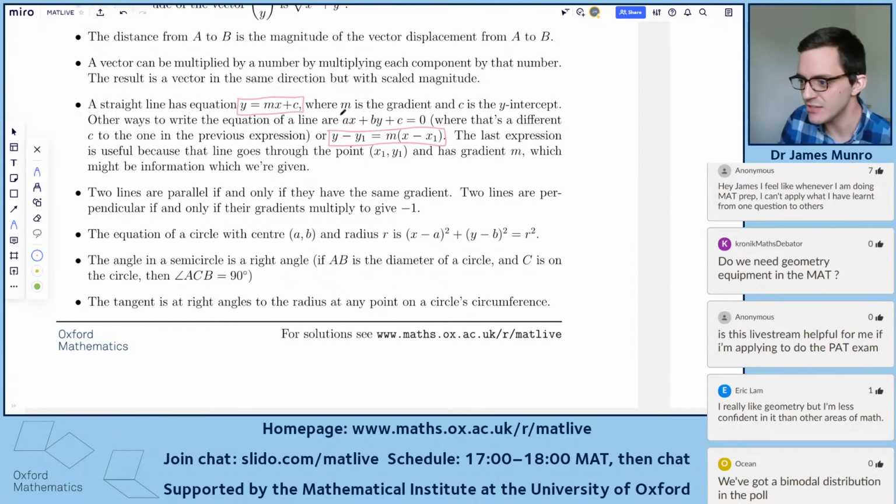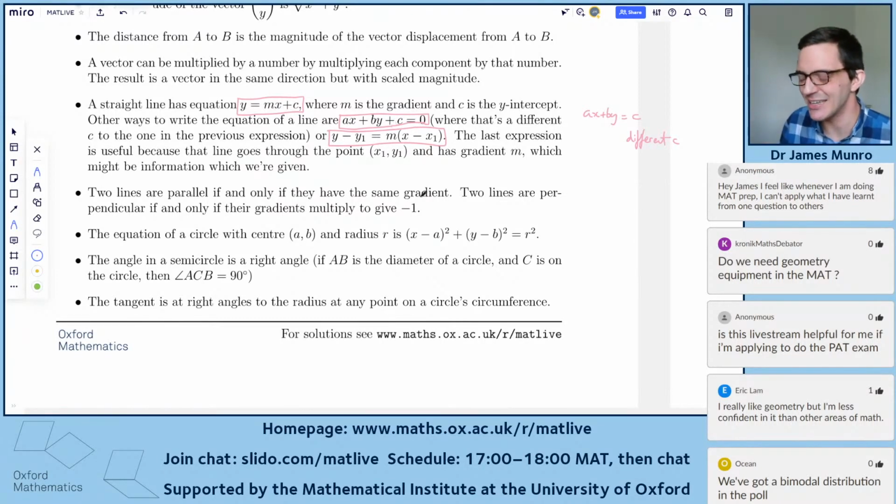There's also this equation, ax plus by plus c equals 0. Sometimes people write this one as ax plus by equals c, in which case that's a different c. But these are kind of morally the same way of writing an equation of a line. That was actually really interesting because you can modify that one in quite a simple way.